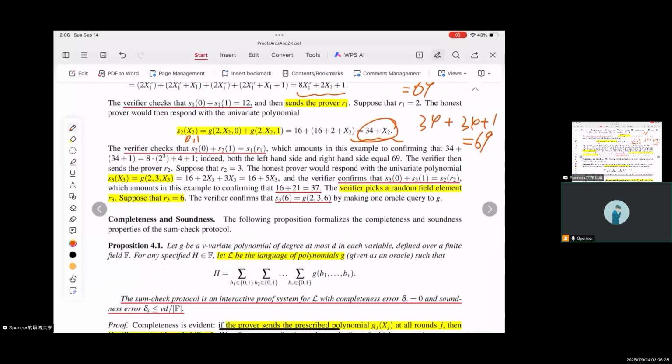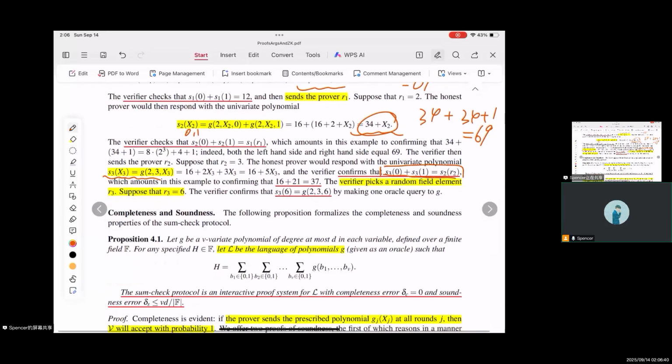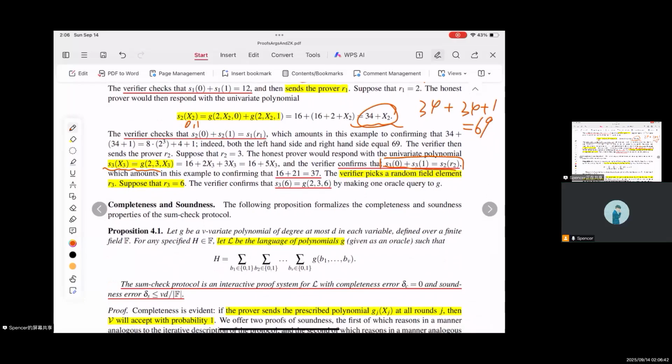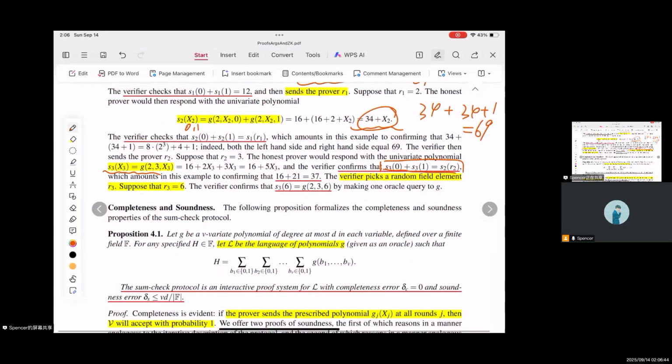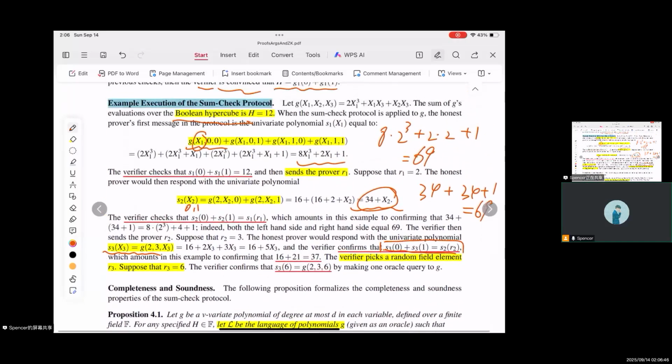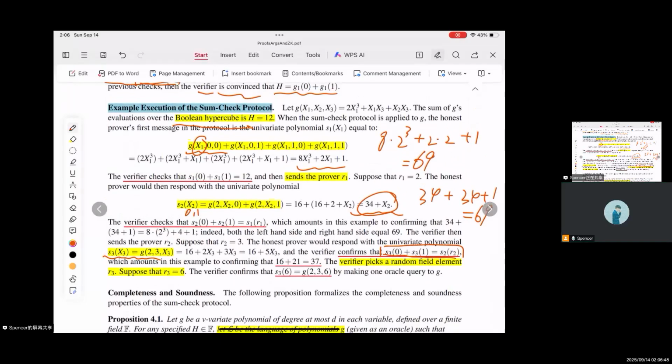After S3 has been sent, the verifier confirms the same equation as before: S3(0) plus S3(1) should be equal to S2(R2). This is the last step, because there are only 3 variables here.